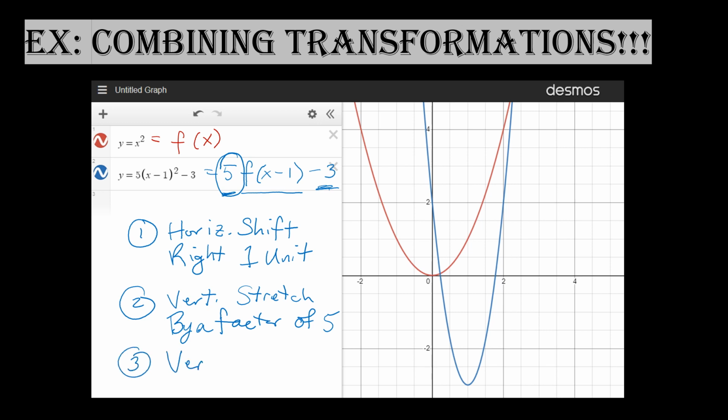And then a vertical shift. So again, this is just one example.